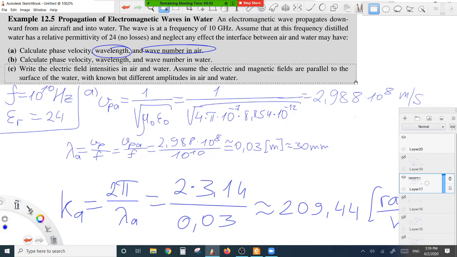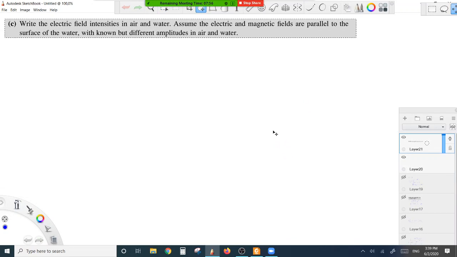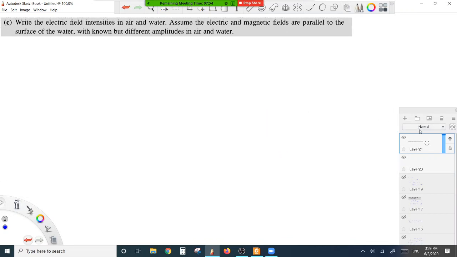The amplitudes of electric and magnetic fields are known, and they are parallel to the surface of water.